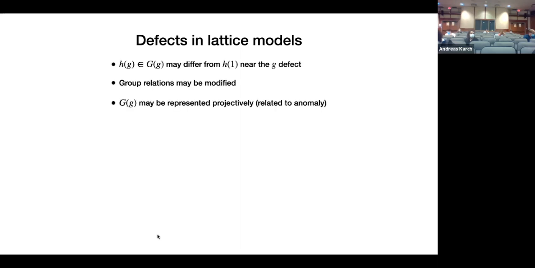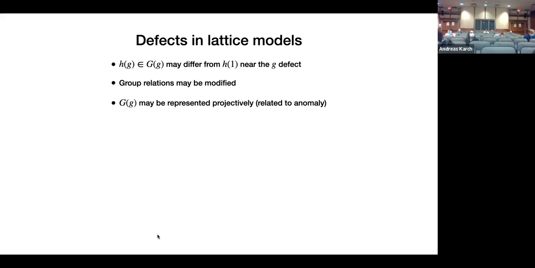Okay. So let me make a few remarks. First of all, as I already mentioned, H of G may differ from H of 1, at least when we look close to the G defect. And I should also mention that I imagine a G defect to be a very localized one at some point in space.